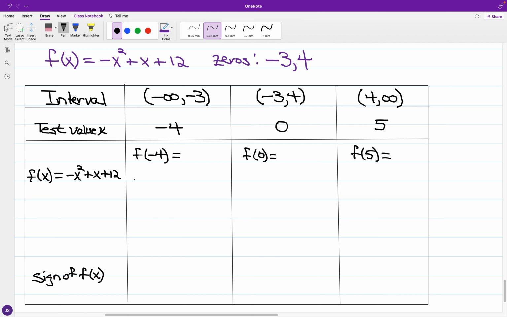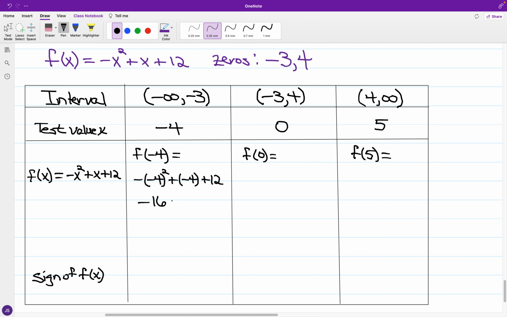Substituting -4 for x, I'm looking at the opposite sign of the square of -4, plus -4, plus 12. Now the square of -4 is going to be positive 16, but I'm still taking the opposite sign of that number's square. So while -4 squared is 16, the negative of x squared is still going to translate to -16.